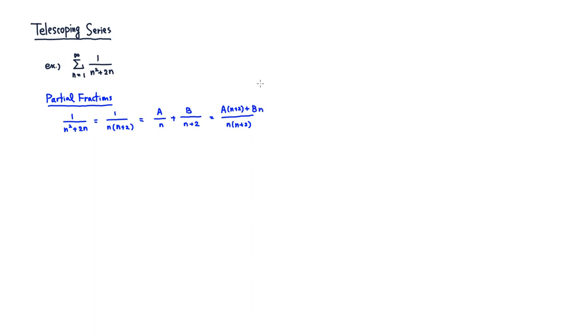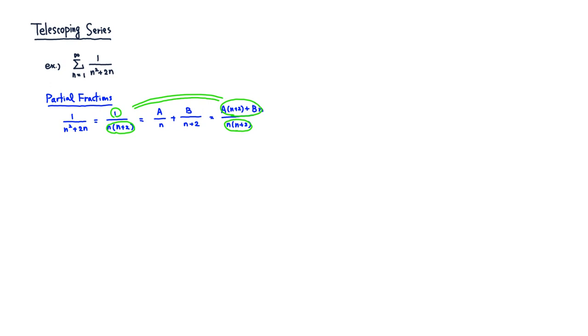You can see that we already have matched up denominators, so we just need to match the numerators together. So we have this equation: 1 is equal to a times n plus 2, plus bn.